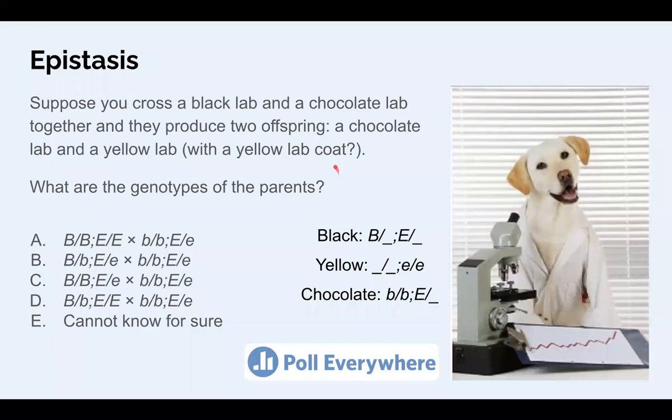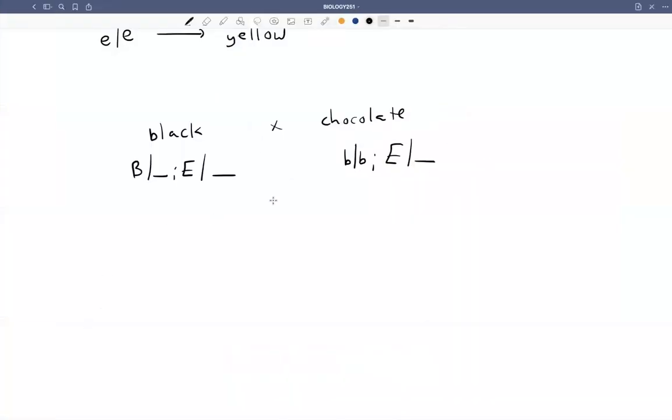And they have produced some offspring, a chocolate lab and a yellow lab. So I'll split these off into two. Chocolate lab and yellow. Basically both of these are possible from those parents.